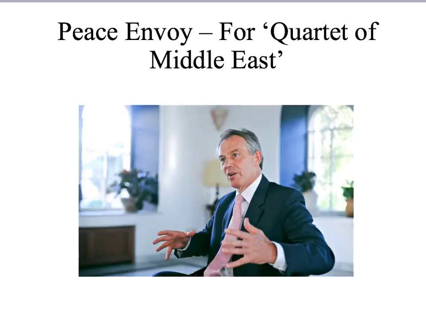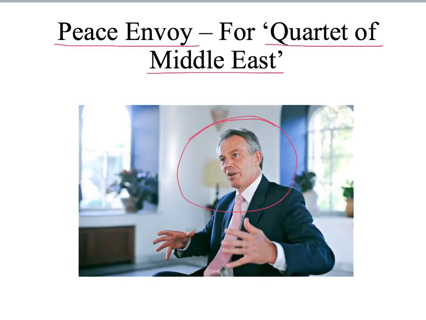Now this might strike you as a bit of an odd one, but Tony Blair, yep, ex-Prime Minister, believe it or not, is also a peace envoy amongst his other roles, and he works for a group called the Quartet of the Middle East. Now the Quartet of the Middle East is a group of four countries or organisations: the UN, the US, the EU, and Russia.